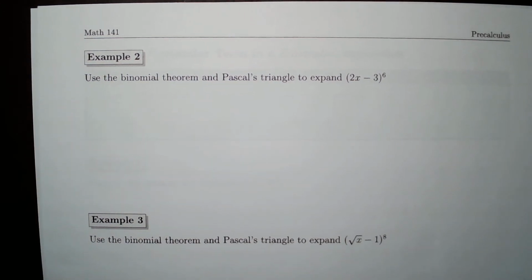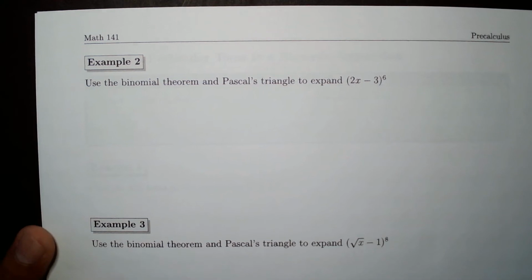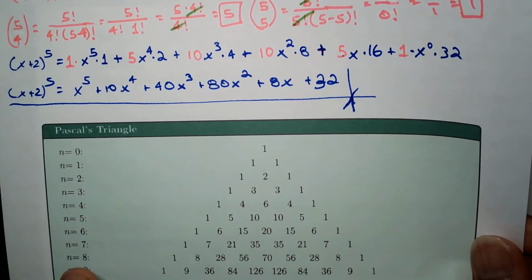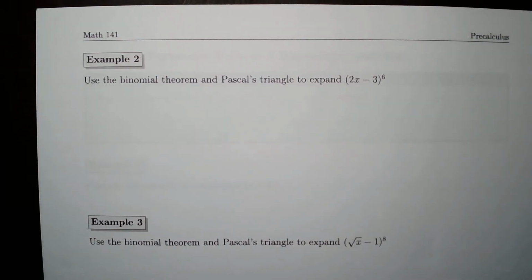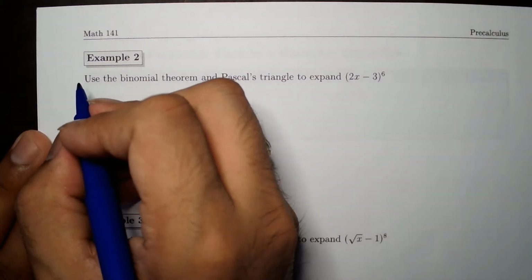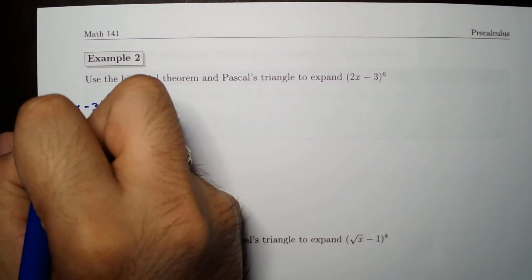So we're going to do a binomial to the 6th power, but notice the space we are given here, so we're not expected to compute the binomial coefficients. We are going to use the binomial coefficients from Pascal's triangle. So 2x minus 3 to the 6th power.